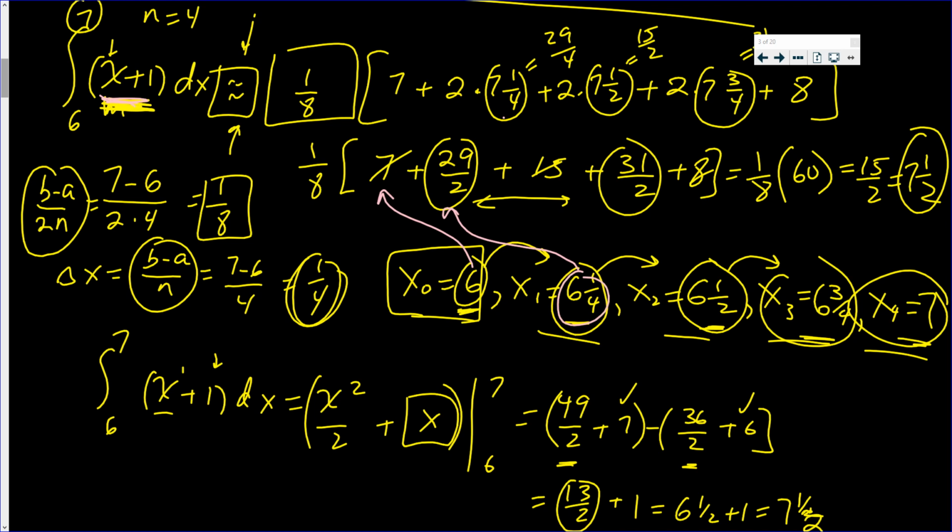And I added 1 to that number. I got 7 3/4. I added 1 to the next number, and I got 8, with the exception of the first and last number that just get multiplied by 1. All the other numbers got multiplied by 2.